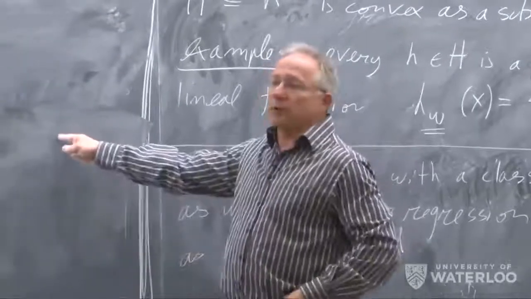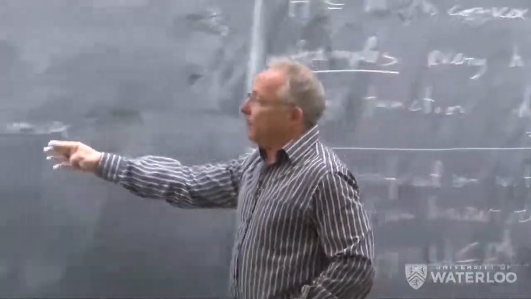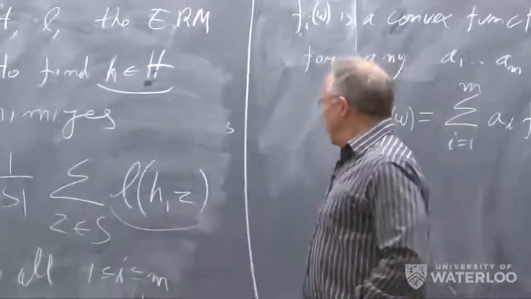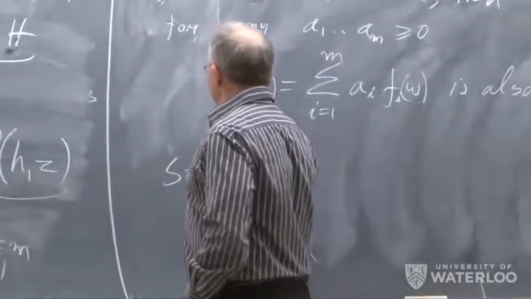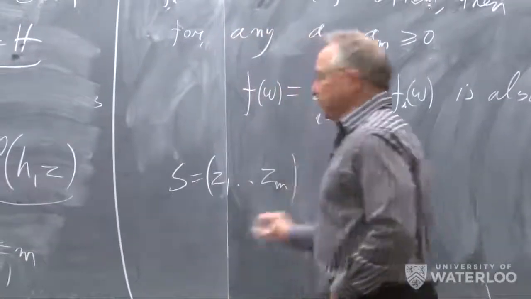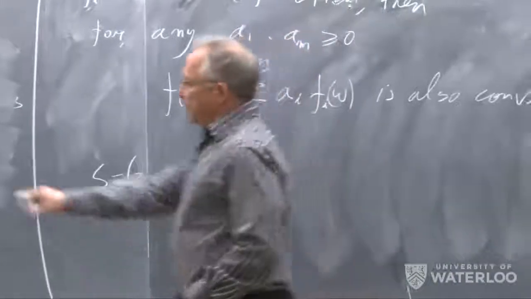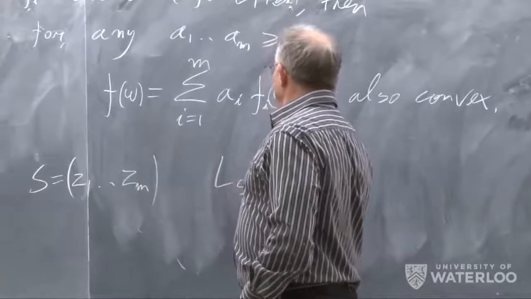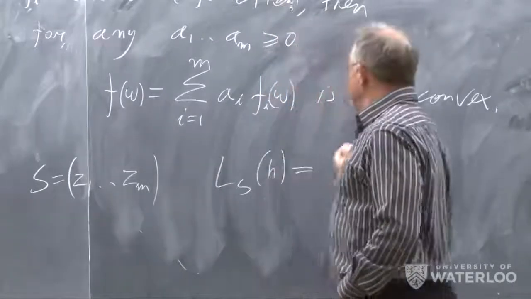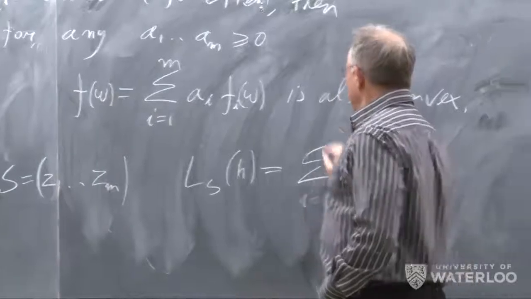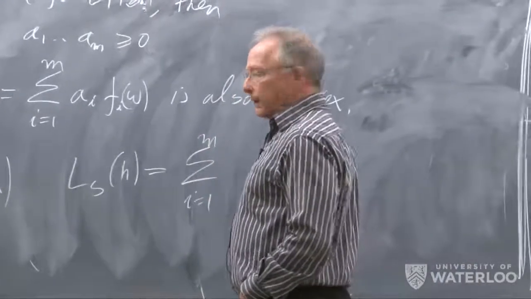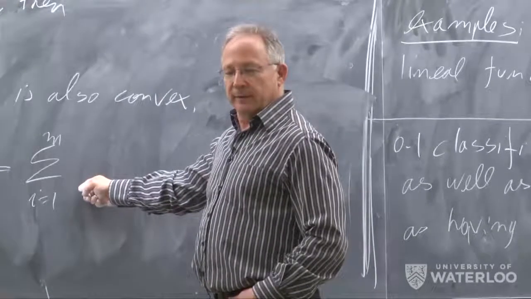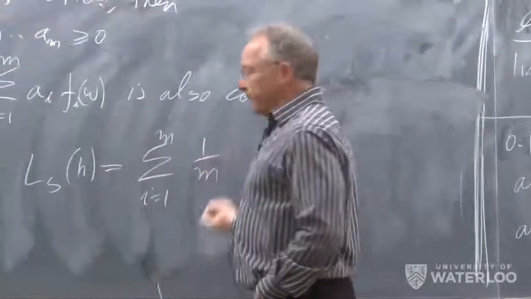So this is something we showed last time. But now we can apply it to this sum. Because we have here S, which was Z1 up to Zm. And this sum, I can rewrite it. So Ls of H is just the sum over i from 1 to m of, what is going to be my coefficient? Yes? 1 over the size of the sample.